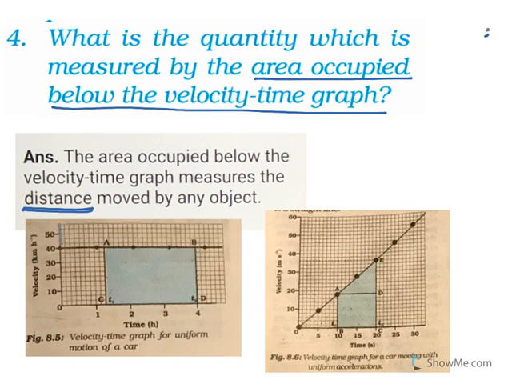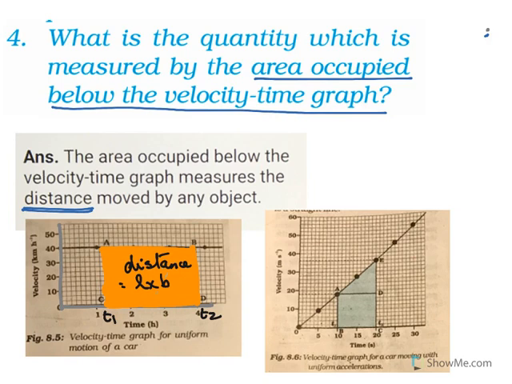Like if you see this figure, we have the velocity time graph, and this entire area gives the distance traveled by the body from time t1 to time t2. So this area will give us the distance, which is equal to length into breadth. We have done sums to find out this distance.